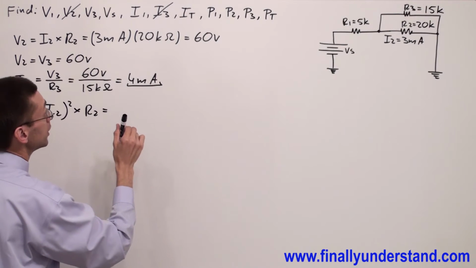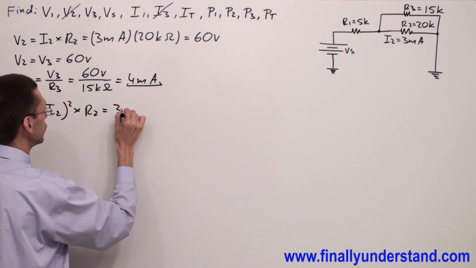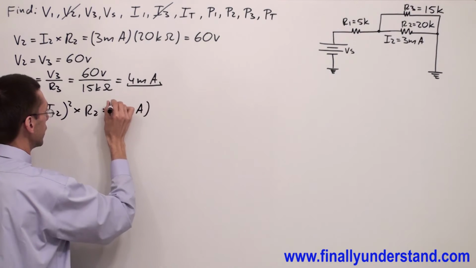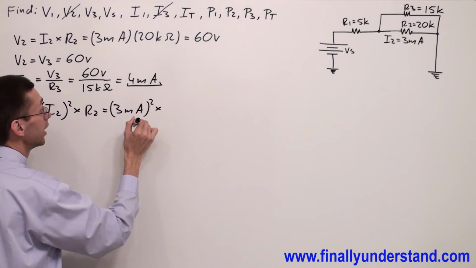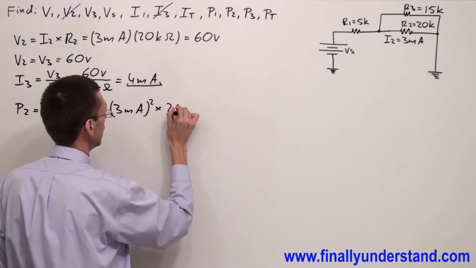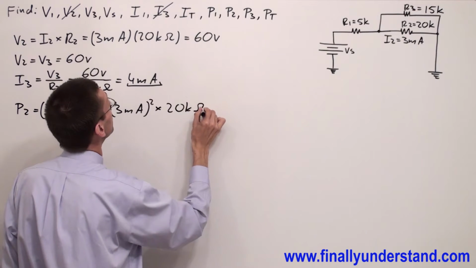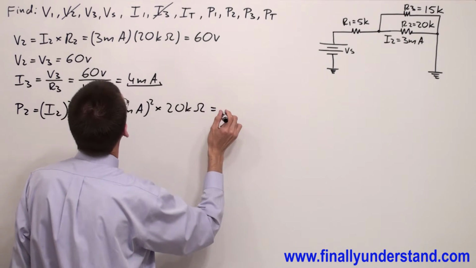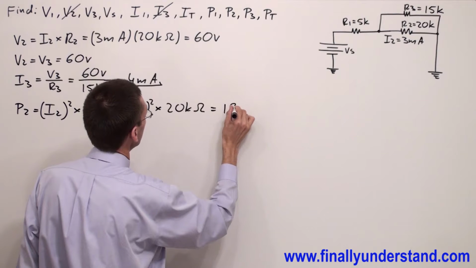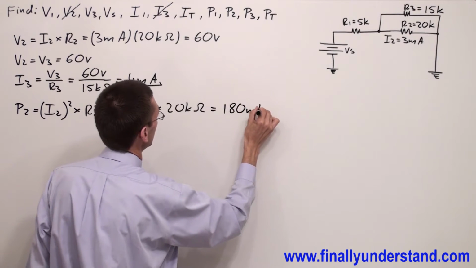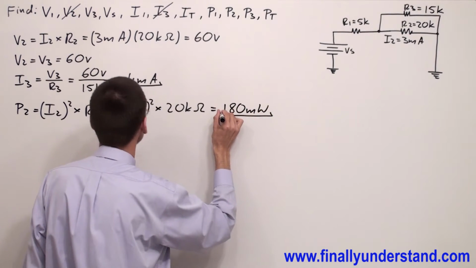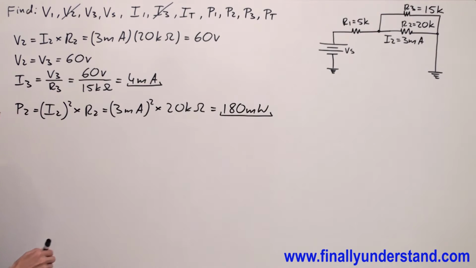I2 is equal to 3 milliamps. We have to raise this to the second power times R2, which is equal to 20 kiloohms. So P2 is equal to 180 milliwatts. Okay, so this is power at resistor 2.